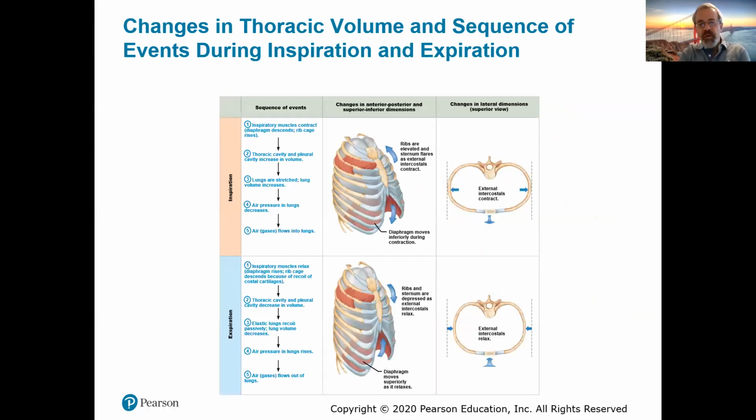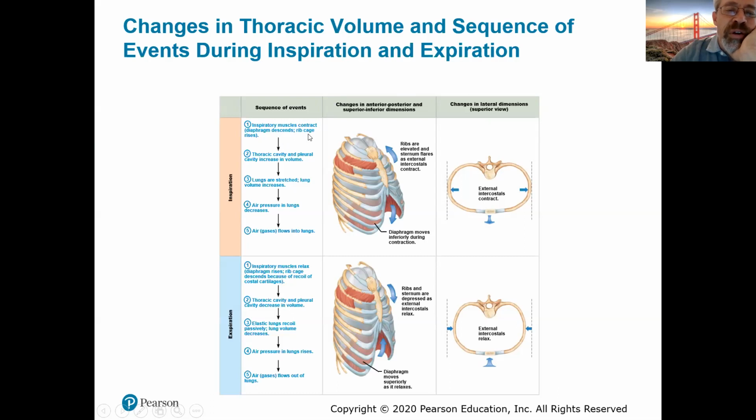All right, so unfortunately this picture came out a little bit small, but hopefully you can get an idea of what's going on here. This is taking a look at the events, primarily of quiet breathing. If you go from 1 to 5, inspiration, what it doesn't show, of course, is the role of the medulla and the nerves, but of course you know that the medulla sends signals via the nerves.